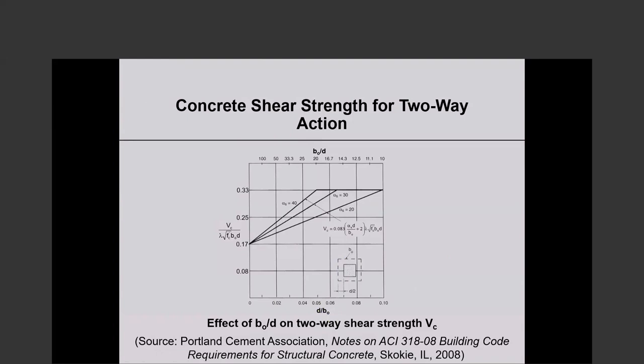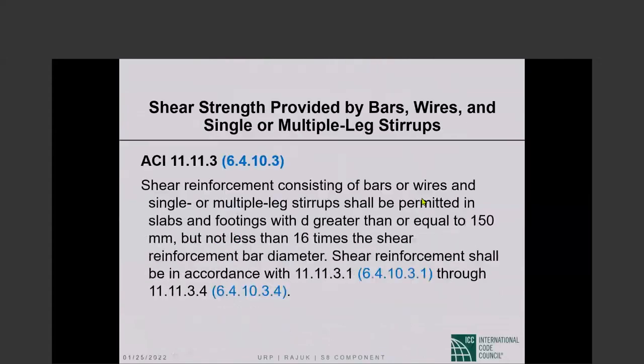On the y-axis is B sub C. And you see the influence of whether it's an interior column, an edge column, a corner column, and also the influence of this B sub 0 over D ratio. Obviously, we can never go above 4 square root of F sub C prime. This again is 2 square root of F sub C prime. For practical situations, you will not fall far below 4 square root of F sub C prime.